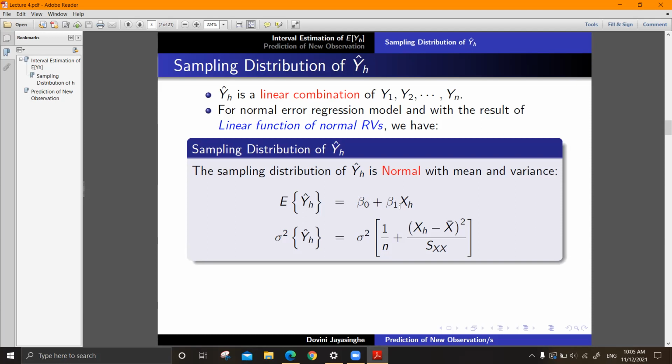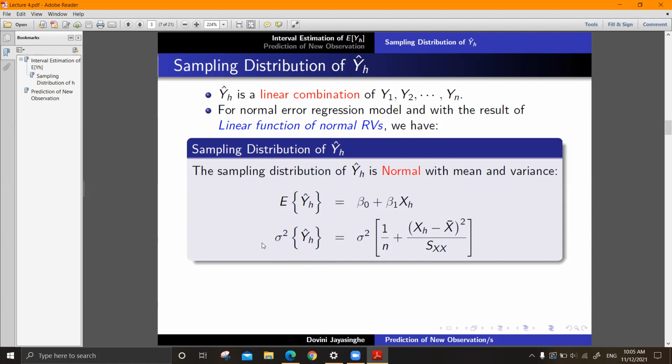Expected value of beta 1 hat is equal to beta 1 because they are unbiased estimators. Before memorizing these things, just try to play around with what you have, right? How you got this. So this is the basic notation that we are going to use.